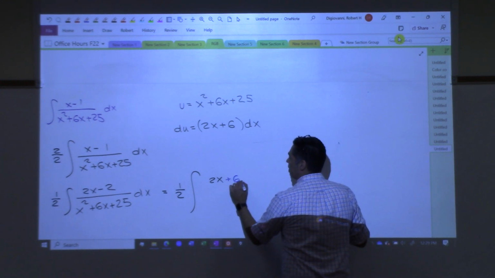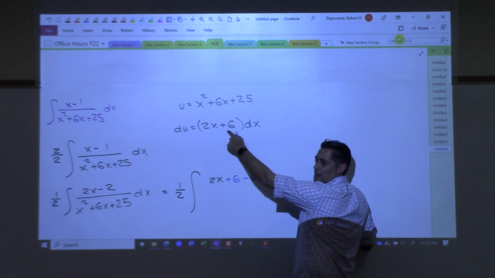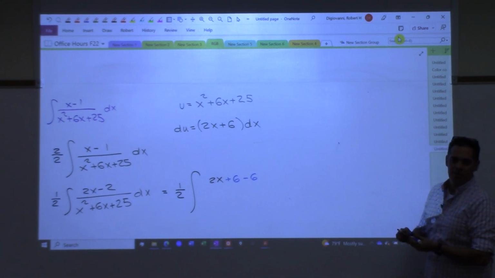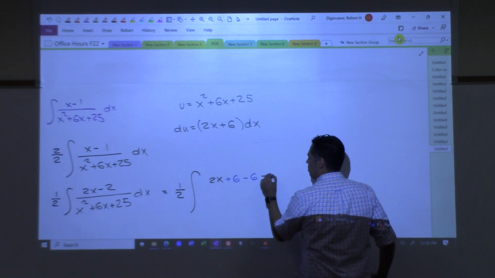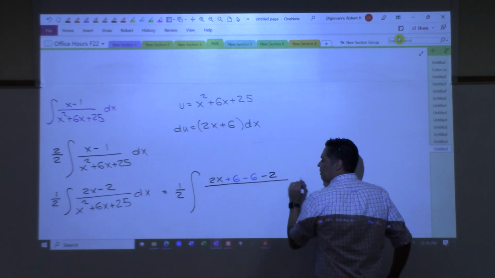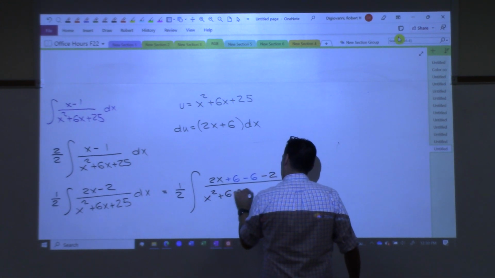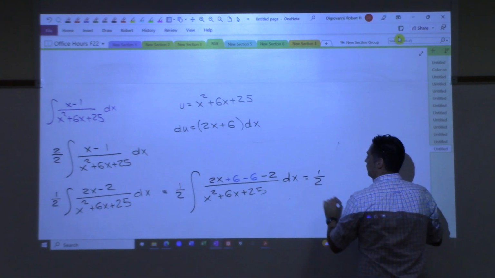So I do plus 6 minus 6. Why do I do plus 6? Because I want plus 6, right? Why do I do minus 6? Because it has to be a 0, right? So that right there I'm just introducing to the problem. And then I still had minus 2 up top, over x squared plus 6x plus 25 dx, equals 1/2.